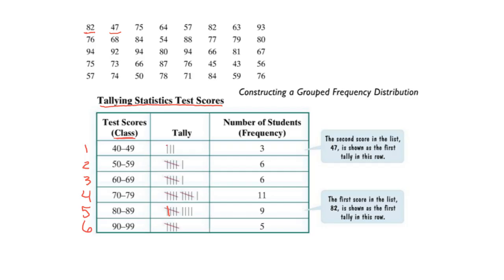Again, I'll put a tally mark representing 47. Now we do this for each of our data values. Go completely through your data set, and then we add up each tally mark and make a frequency column. So the frequency column, the number 3 here, represents how many tallies we have listed in that first class.